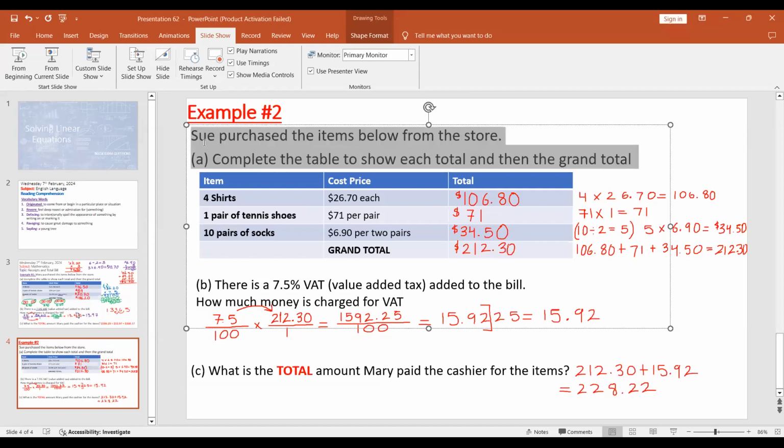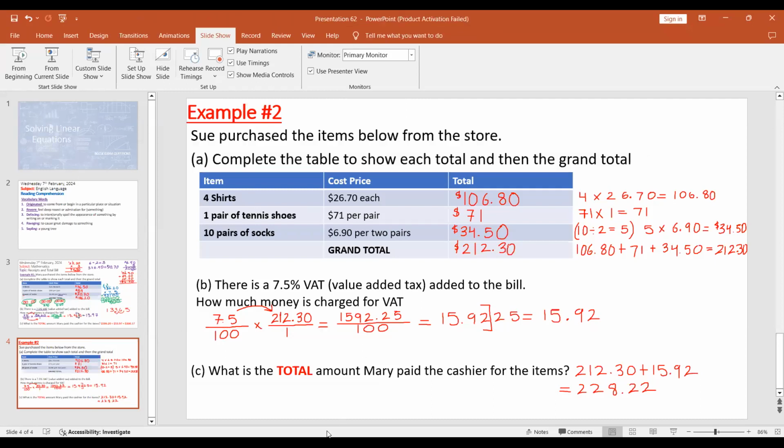4 shirts at $26.70 each. We have to multiply 4 times $26.70, which gives us $106.80. One pair of tennis shoes is $71 per pair, so 71 times 1 is 71. 10 pairs of socks is $6.90 per 2 pairs, so we divide 10 by 2, which gives us 5.